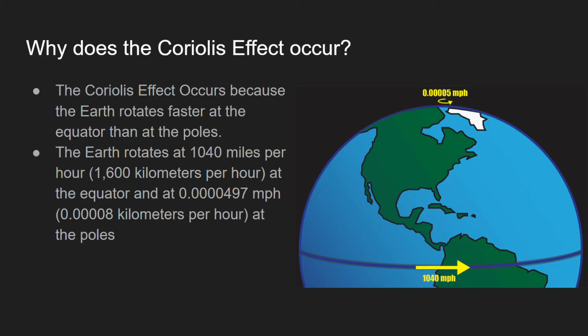The Earth rotates at 1,040 miles per hour, which is approximately 1,600 kilometers per hour at the equator, and at 0.0000497 miles per hour at the poles, or on the screen there as 0.00005 miles per hour, which is about 0.00008 kilometers per hour at the poles. So a huge difference in speeds from the northern pole or the southern pole to the equator.